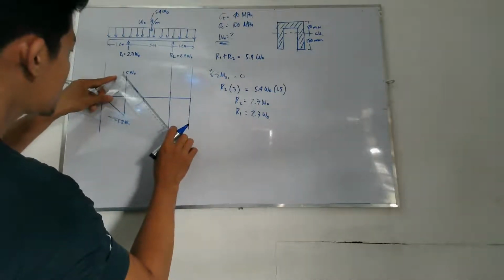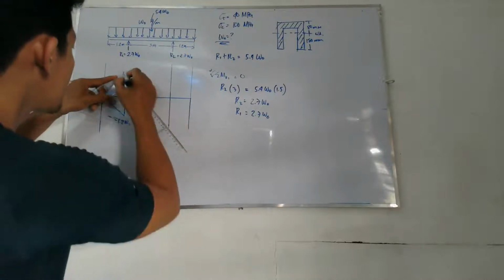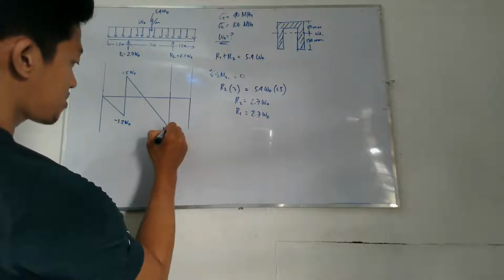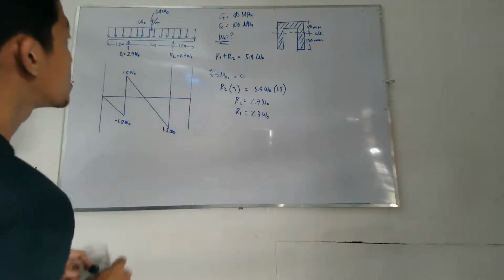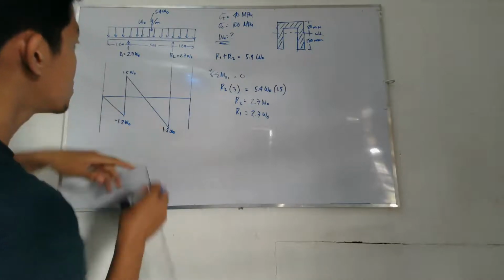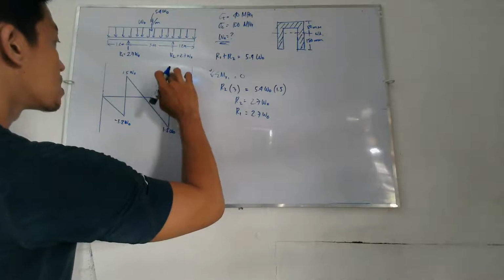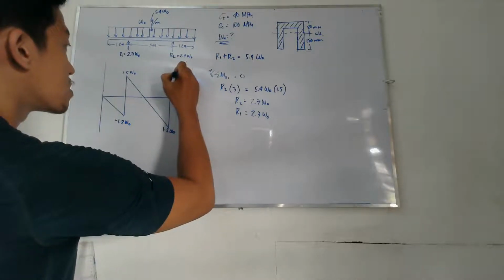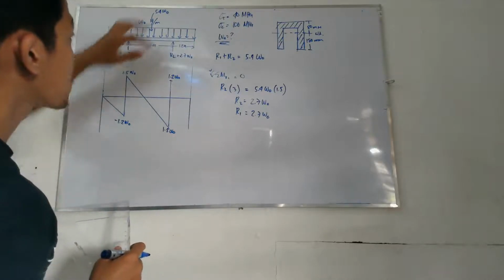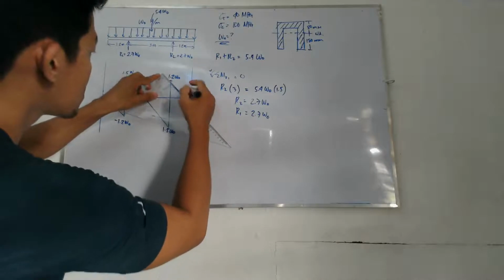So, naog ka diri og 1.5. Angat na pod kag 2.7. So, 1.2 ni diri. And then, 1.2 down 0. Okay?